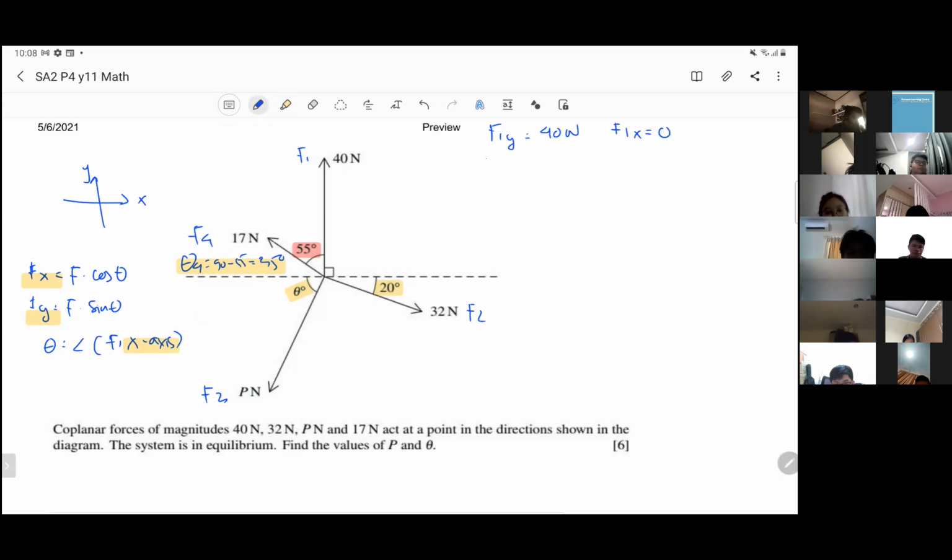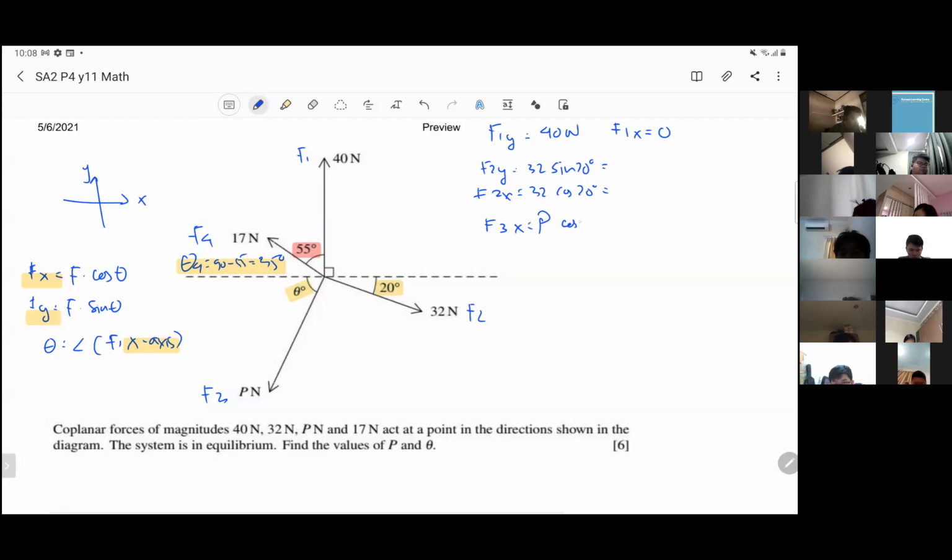Next, we're going to have F2y. That's going to be 30 sin 20. And F2x is going to be 30 cos 20. F3x is going to be P cos theta, since x is cos.